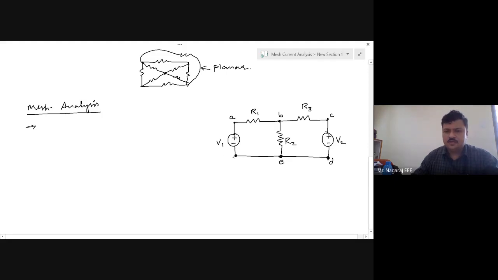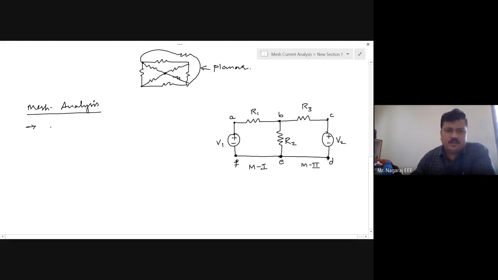Then I should recognize the individual meshes. So here there are two individual meshes present, A, B, E, F, A, and B, C, D, E, B. So these two are the individual meshes. I will call this mesh 1 and I will call this mesh 2.